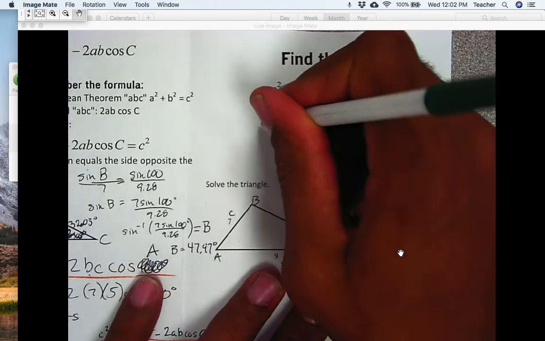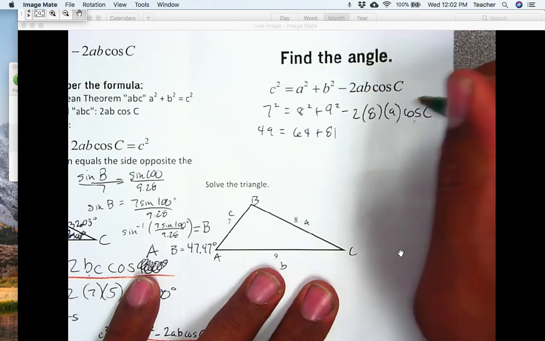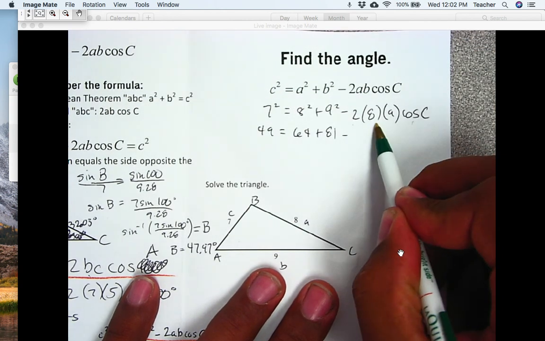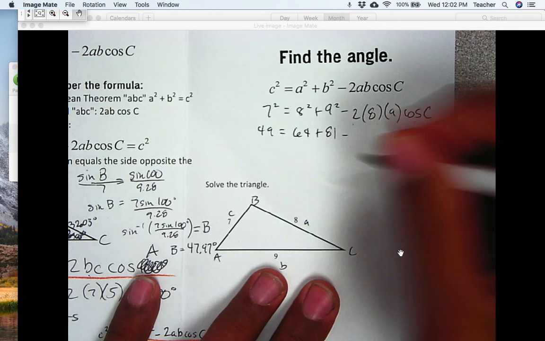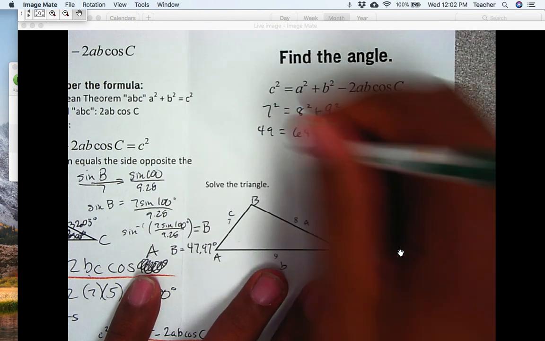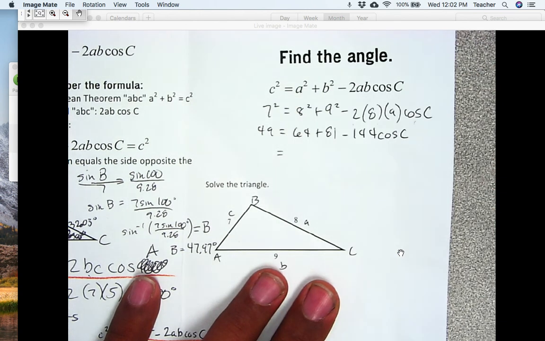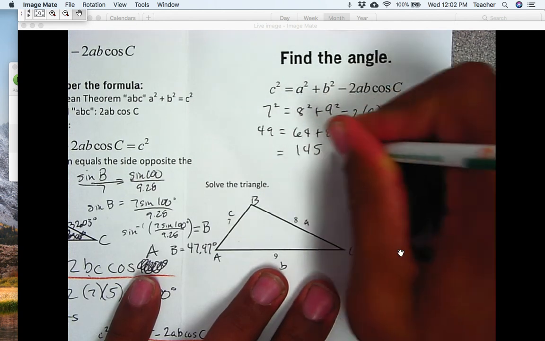So now it's going to be 49 equals 64 plus 81. 2 times 8 is 16, times 9, it's going to be 144. Okay, add these two together, 64 plus 81 is 145.